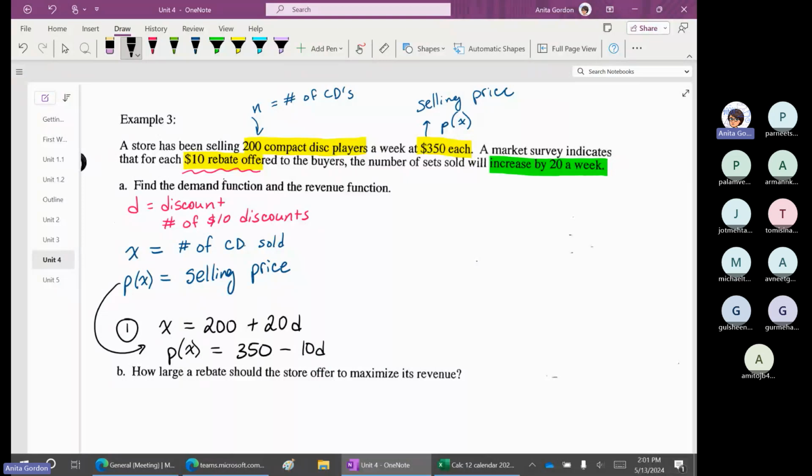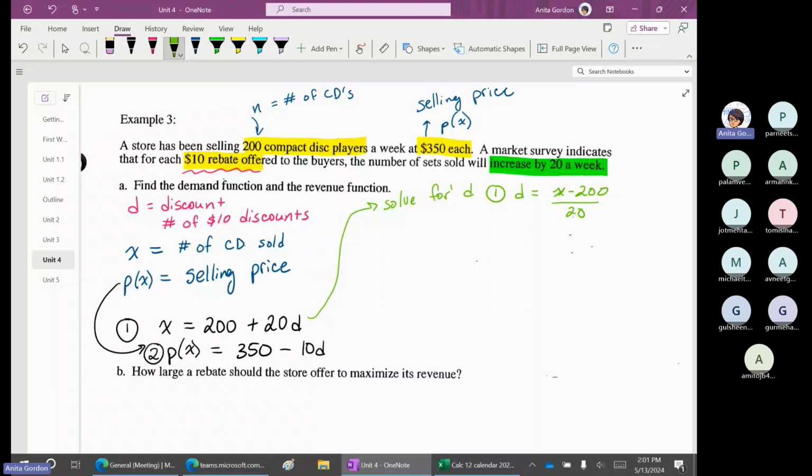Okay, are we following this so far? So we are using the information given and setting up some equations. Now I need to have all my equations with one variable in it. D equals x minus 200 over 20, so you can sub that into the P of X. Let's solve for D. So using equation 1, D equals x minus 200 over 20.